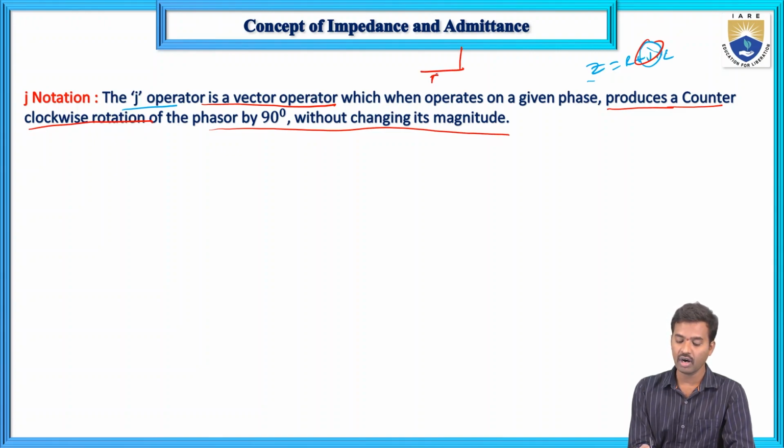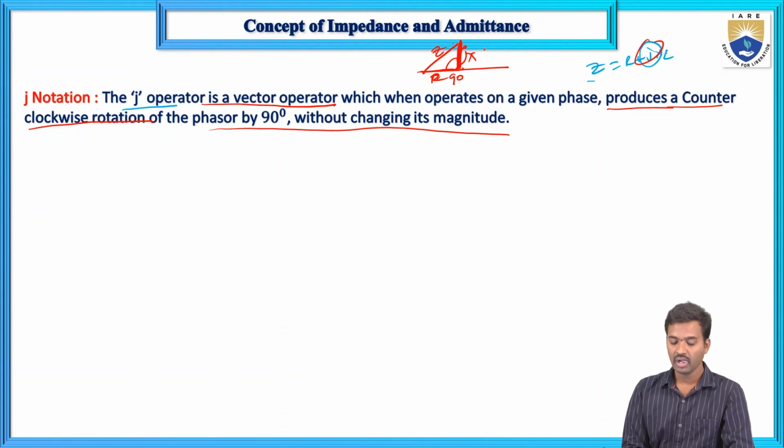If this is R and this is X, then rotating anticlockwise by 90 degrees gives jX, and this is Z. Z equals R plus jX.